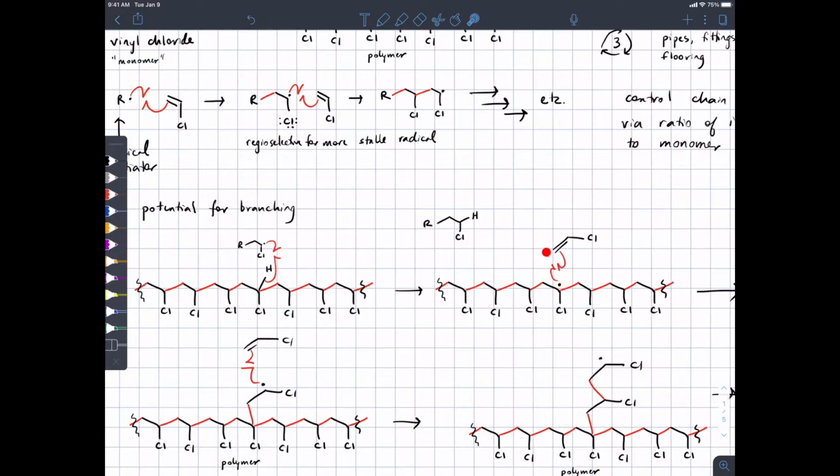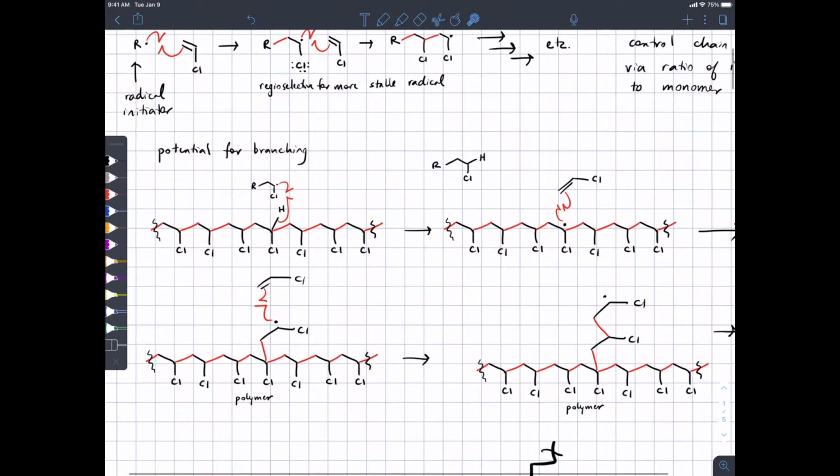And at that point, we can start generating a new polymer site from that location. So again, attacking the pi bond of the vinyl chloride monomer to create a new radical and make a new bond, and we can continue to branch from there.